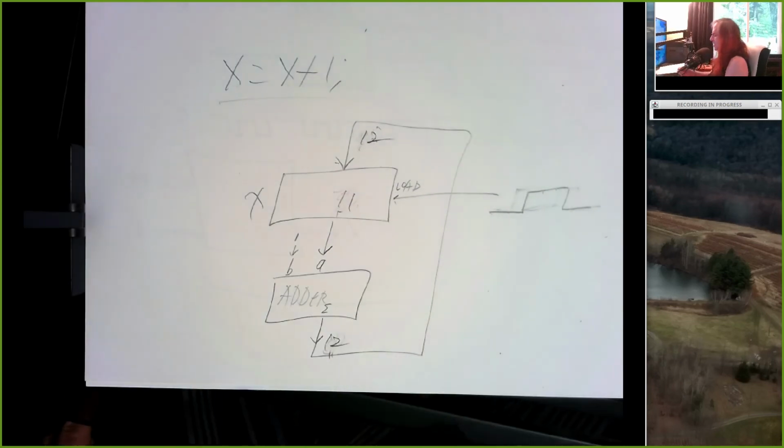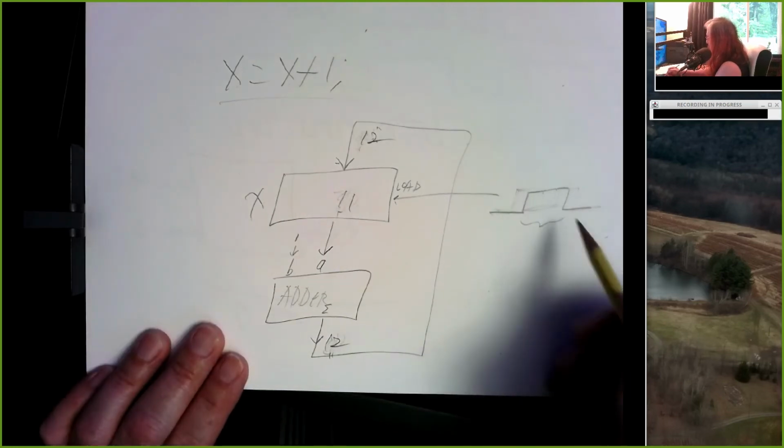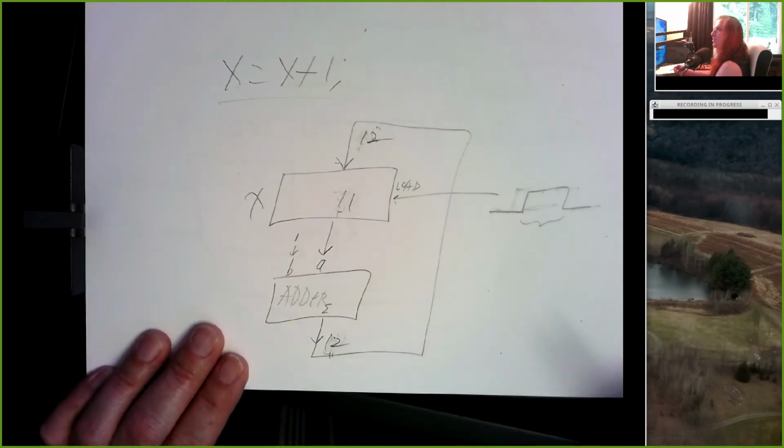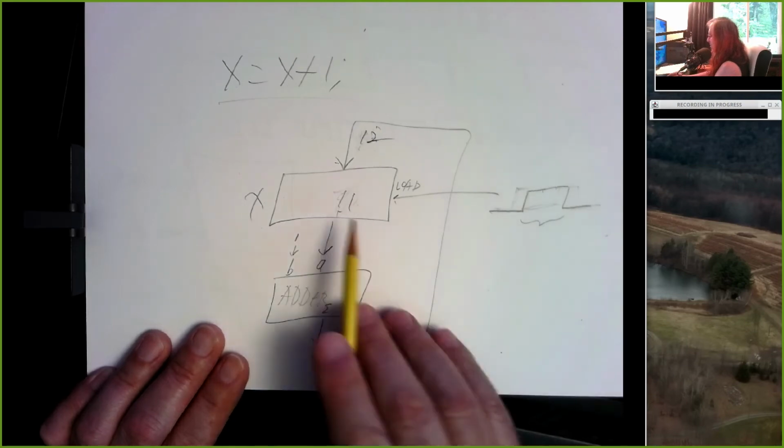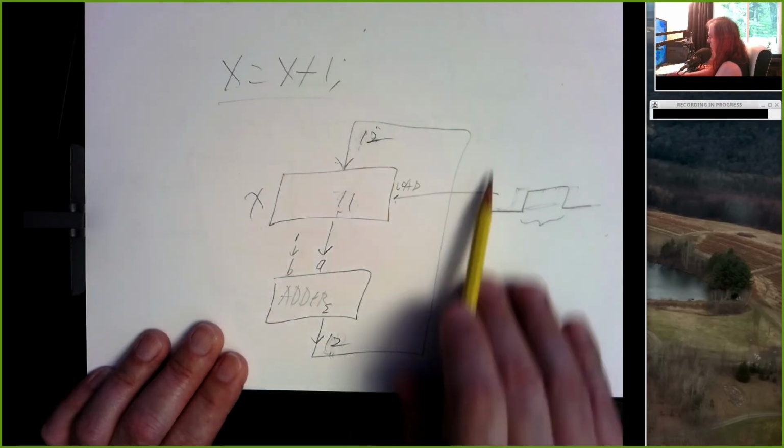Well, what just happened? X was equal to 7, we said x equals x plus 1, and now x is 11. It didn't add 1, it added 4. Why? Because our load line was high for too long. It was high for so long that the value coming out of here went around 4 times.